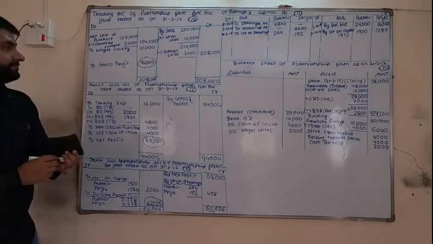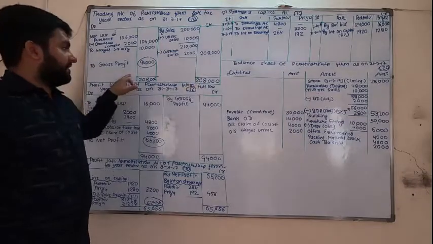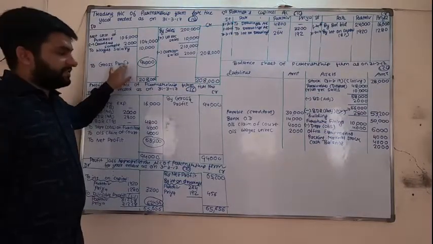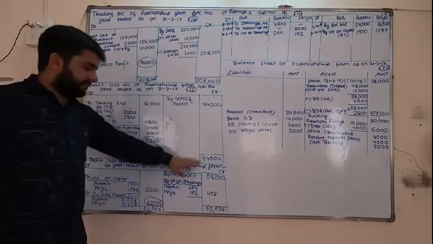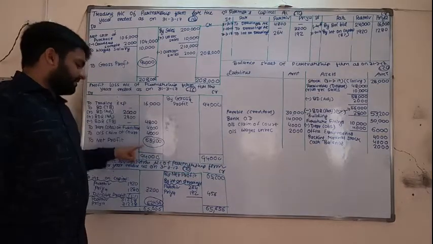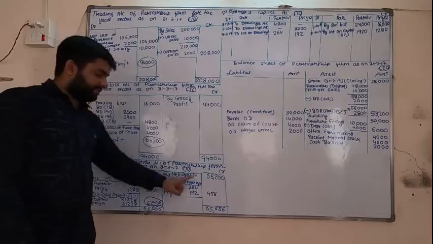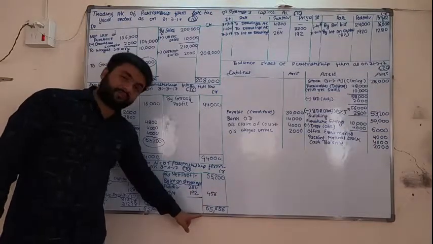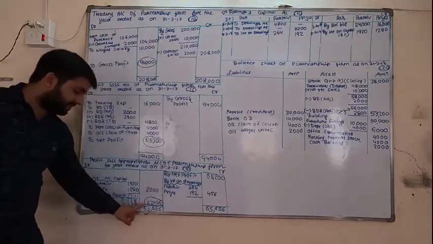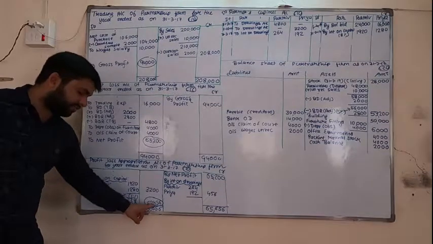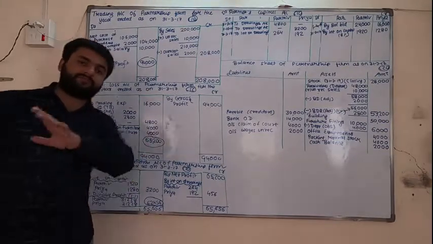Again I am telling, take total here, take the balance 94,000, this is debited, credit here. Take the total, subtract 65,200, this is net profit, it is debited, so it is credited. Again take the total, subtract 3,200, so 62,456.